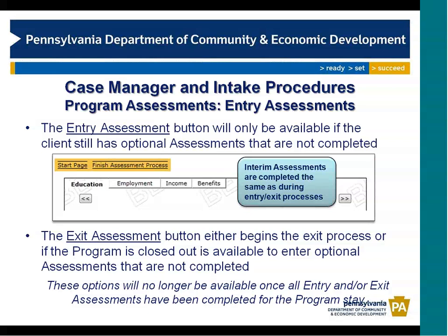However, if the client has already exited the program, this button works the same as the entry. It'll only be there if the client still has optional exit assessments that haven't been completed. Once they're all collected, those buttons will disappear. It's a good way to backfill data for whatever reason your agency may have.